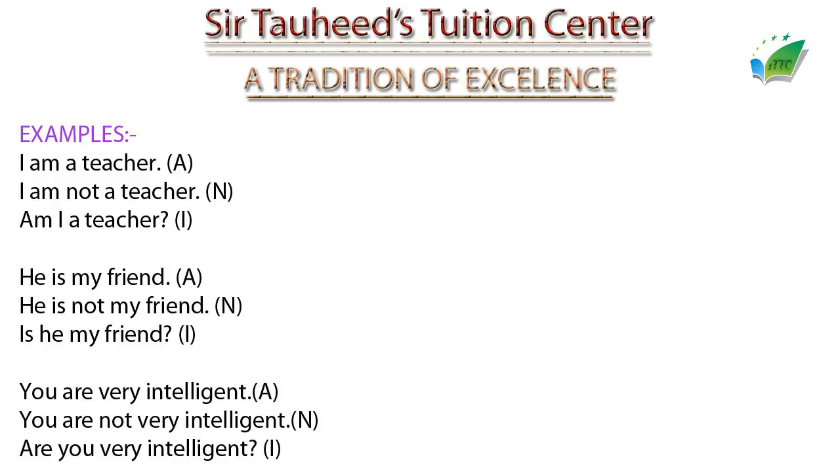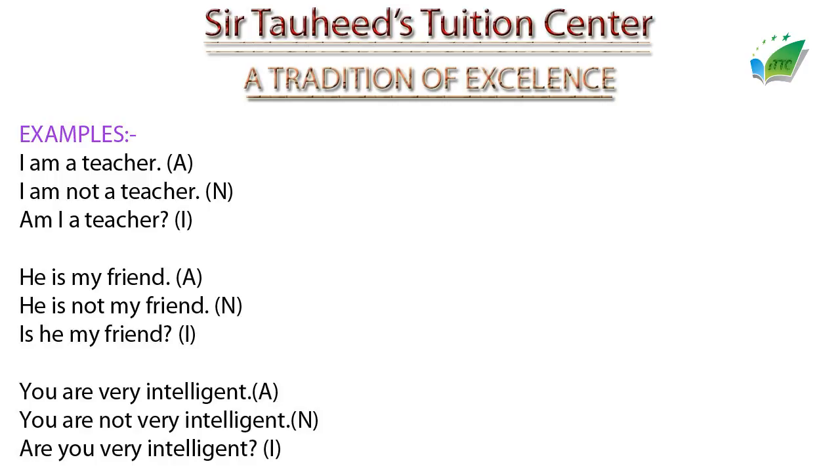Again, helping verb is coming before the subject, so the sentence becomes interrogative. Is he my friend? And we have to use question mark at the end of the sentence.